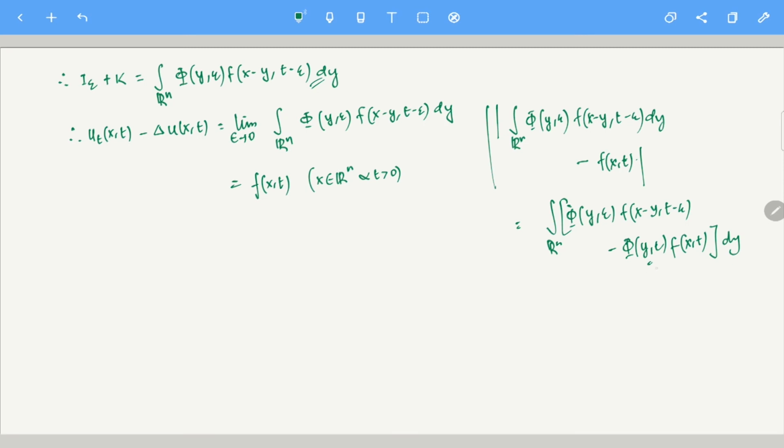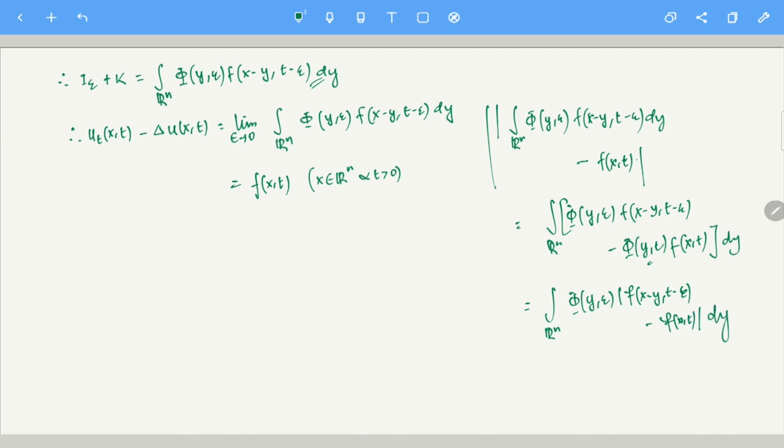Now this becomes the integral over Rn of phi of y epsilon times f of x minus y, t minus epsilon minus f of x,t, dy. I am doing a rough calculation here. I want you to actually do the whole calculation yourself. That is how you learn; otherwise, you won't learn anything.